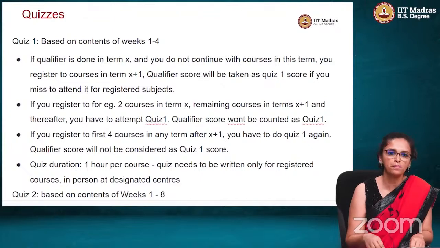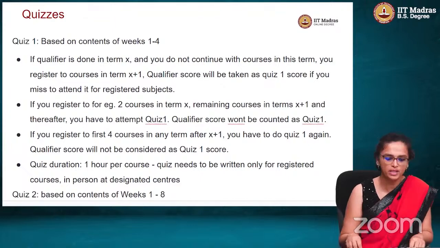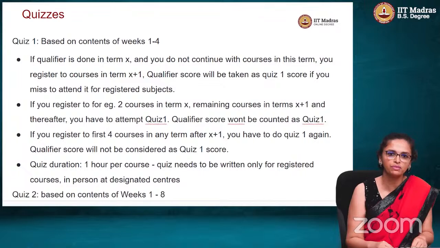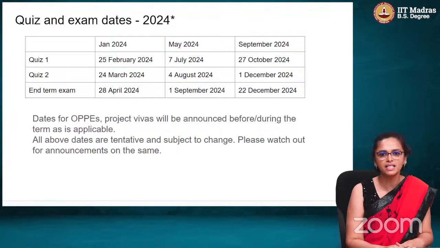The quiz 1 is broadly based on contents of weeks 1 to 4, and quiz 2 is based on weeks 1 to 8. And the final exam is based on contents provided in the weeks 1 to 12 of the course. Okay, these are the dates for this particular academic year of 2024.